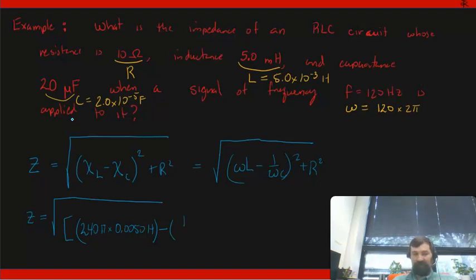So that's basically 1 over 240 pi times 2.0 times 10 to the minus 5 farads. So that is 0.00020 farads, quantity squared plus 10 ohms squared.